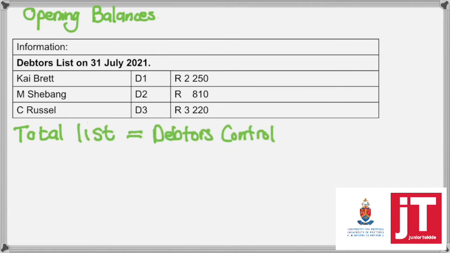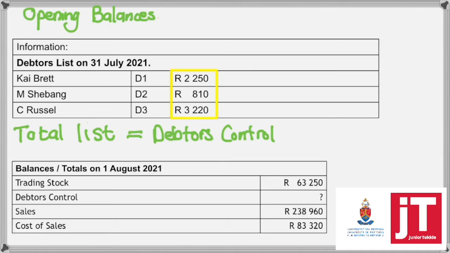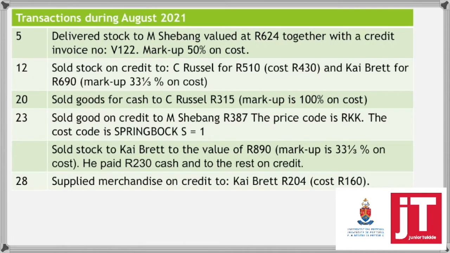So the total of the debtors list should equal the opening balance for the debtors control. That's one of your measures of checking. So if we add the list together, it should give us the missing figure for debtors control. And that is then 6,280 Rand.